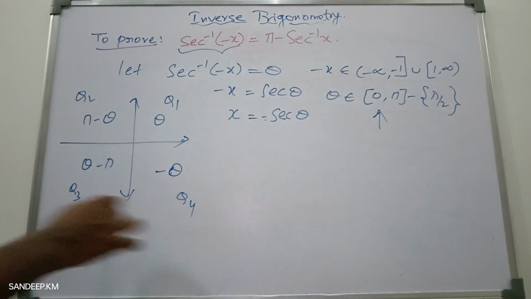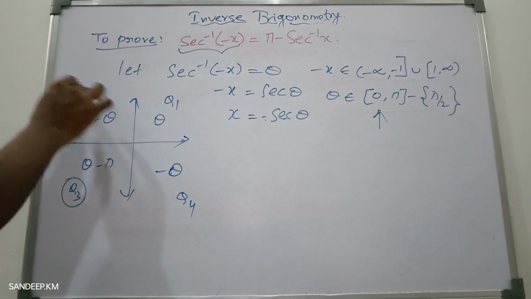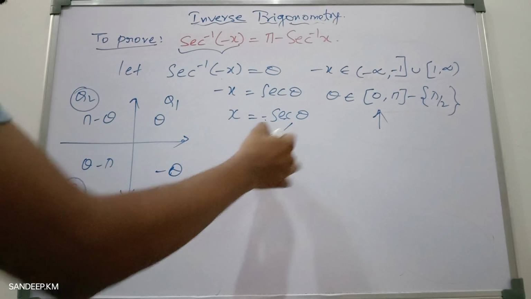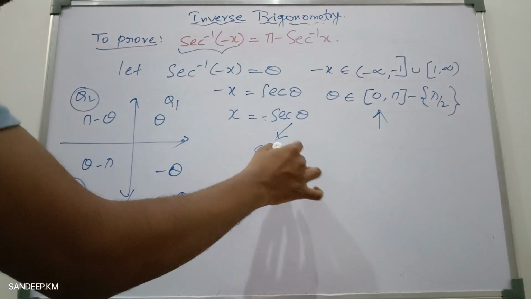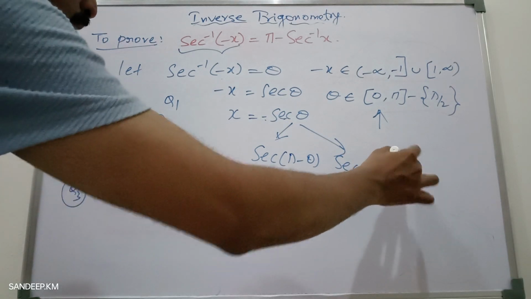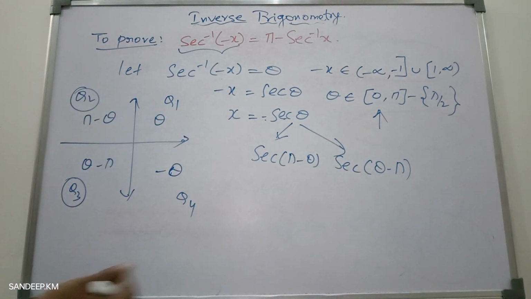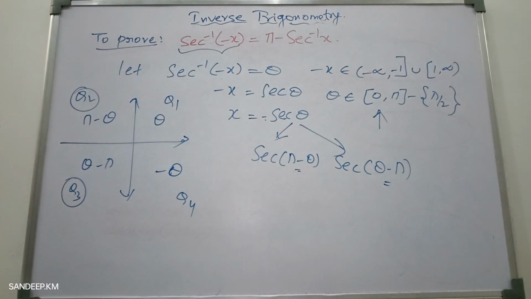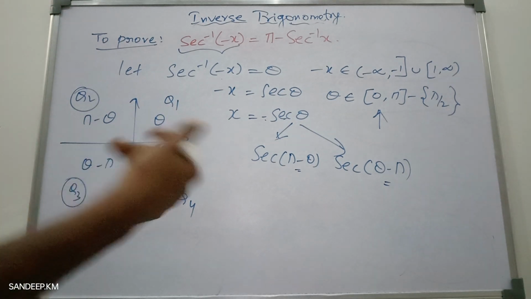Secant theta is negative in the third quadrant or second quadrant, correct? Therefore, I can write minus secant theta as secant of pi minus theta or secant of theta minus pi. In these two, one is correct. Who should be taken? The angle which is in the restricted domain of secant will be taken. The other will be ignored.